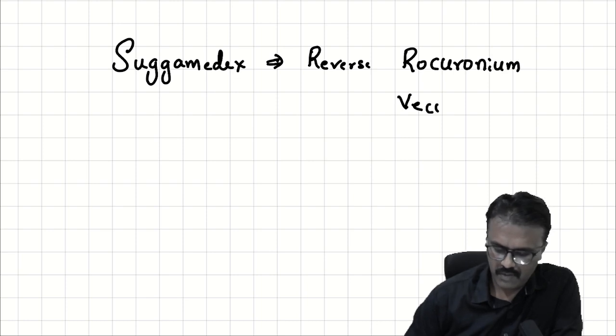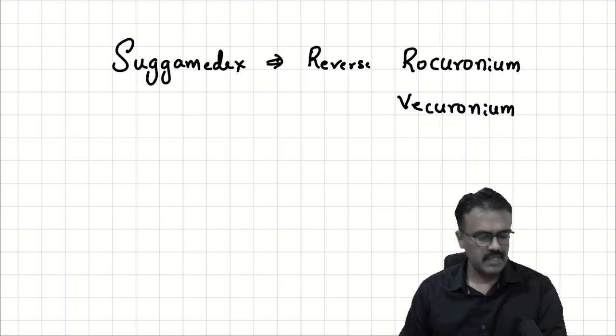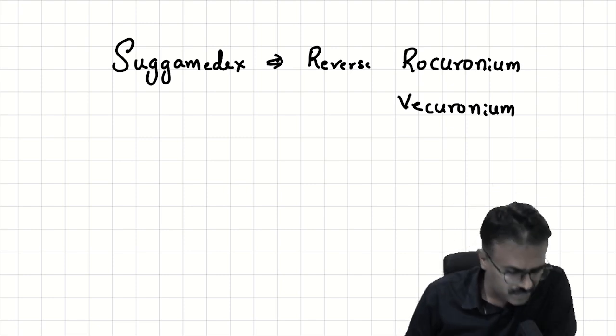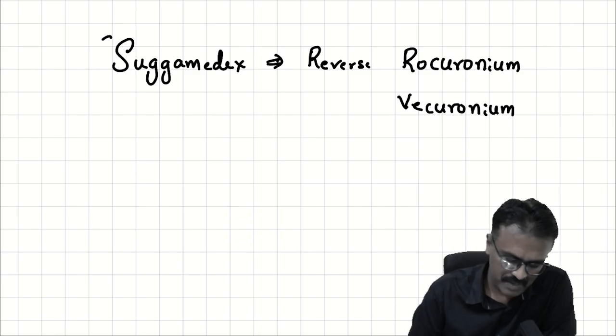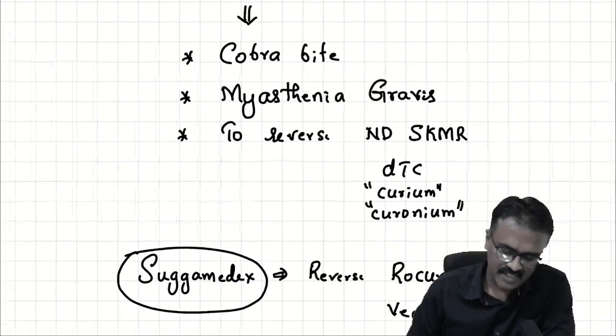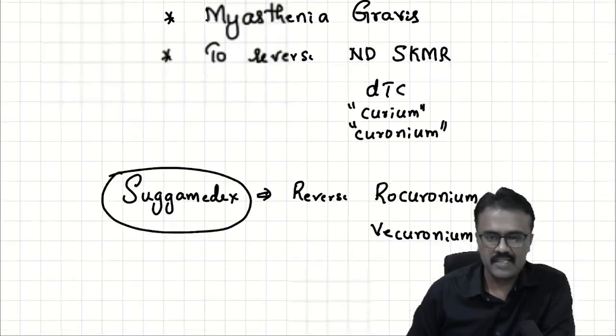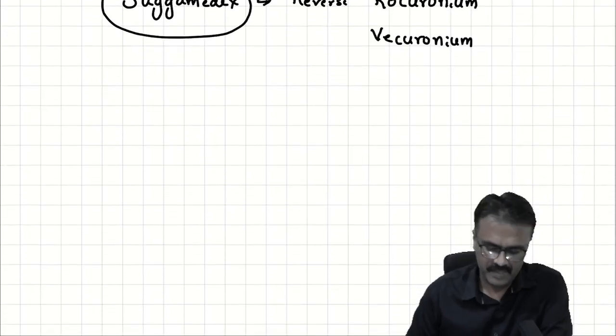V means vecuronium. Yes, very good, Gunavartini, sorry. So Sugammadex is tested. Neostigmine and pyridostigmine are tested. So very, very important.